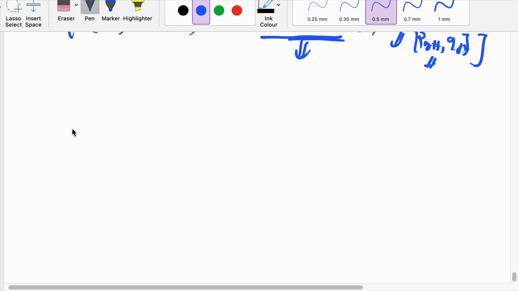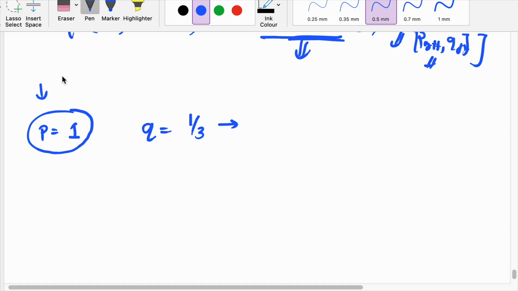So with probability 1 I will play cooperation, and with q equal to 1/3 I will play defection. If I see my opponent cooperated in the previous round, I will cooperate, and if my opponent defected in the previous round, I will cooperate with probability 1/3. That is called the generous TFT.